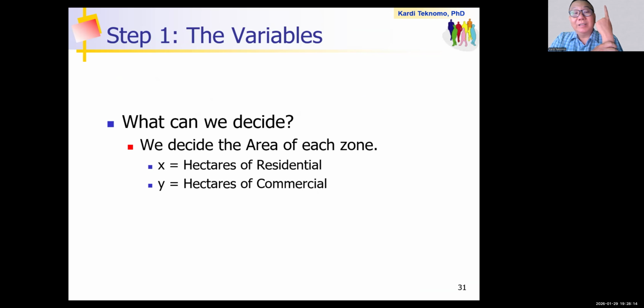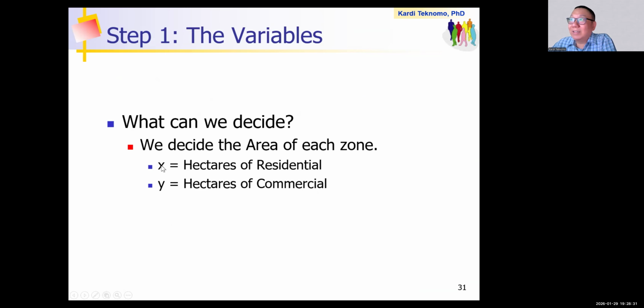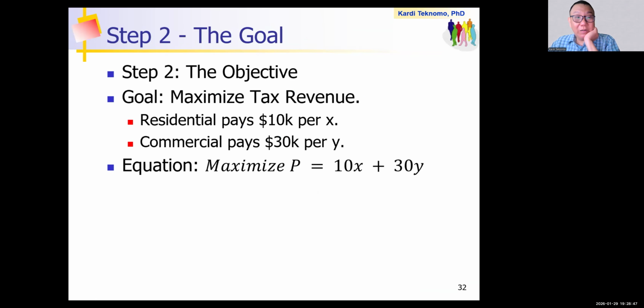The first ingredient is the decision variable. So what can we decide? In this example, you have two possibilities: residential and commercial, isn't it? So in that case, X is the hectares of residential, and Y is the hectares of commercial.